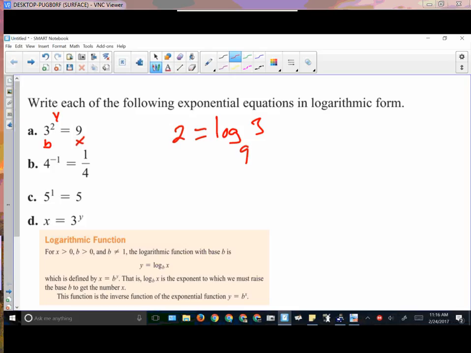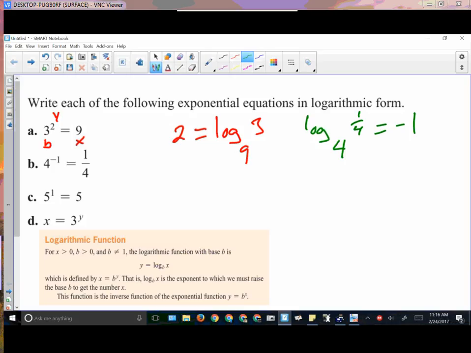So now, just kind of continuing on with this a little bit. So here, I got 4 to the negative 1 is equal to 1/4. So what that means is that I am going to have log base b, in this case it's going to be 4, of 1/4 is going to be equal to negative 1.